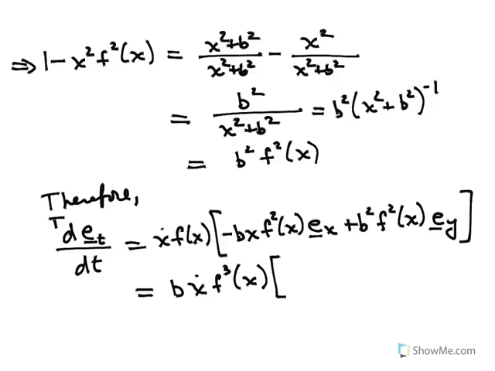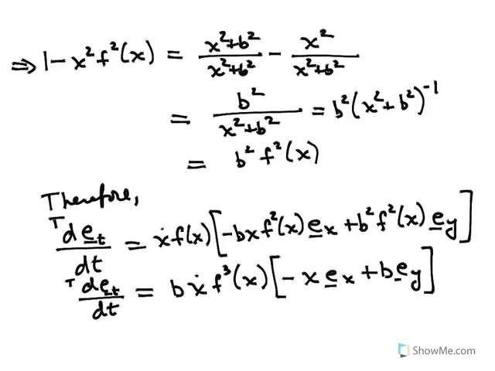And then if I factored that out, what am I left with? I'm left with minus x ex plus b times e sub y. That is the rate of change of the tangent vector as viewed by an observer fixed to the track.